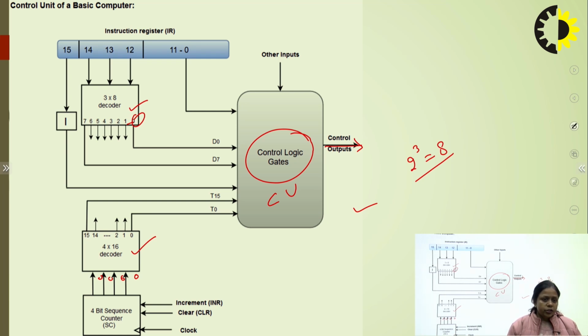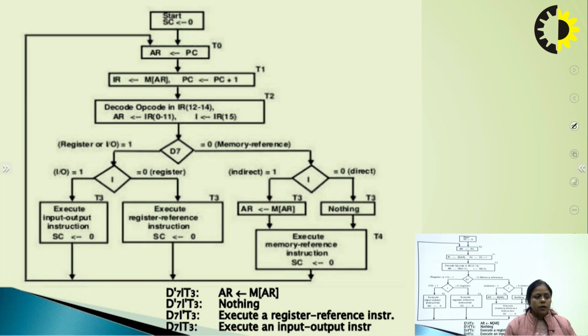When the instruction cycle is completed, the timing signal again comes to 0, and here we can give a clear value, and again the sequence counter will start from 0. So in this way this hardware component, or hardwired control unit, can generate control signals after the decoding of the particular instruction.